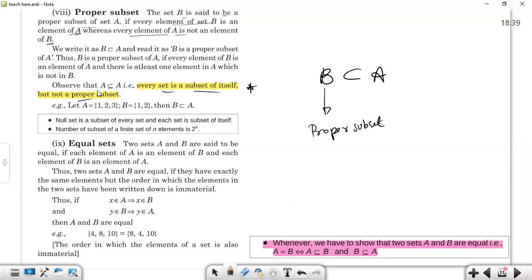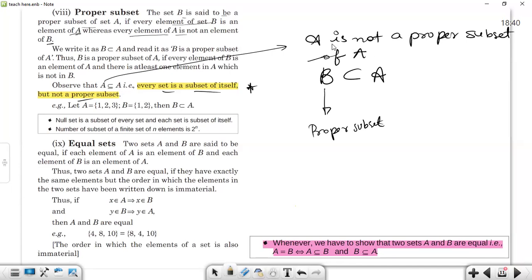So A cannot be written as a proper subset of A itself. Why not? Because the second set has to be bigger so that the subset can be termed a proper subset, but that is not the case. That's why. Clear? Any doubt?